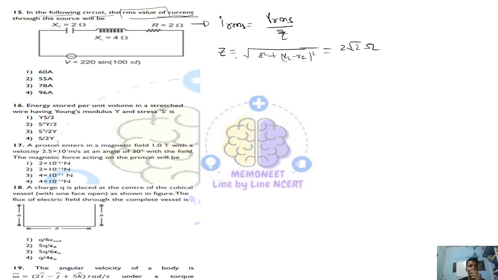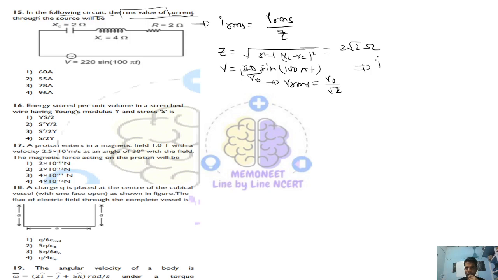And once you calculate VRMS: V is given to be 220 sine 100 pi t. So 220 is the value of V naught, and we know that VRMS for this case is V naught upon root 2.